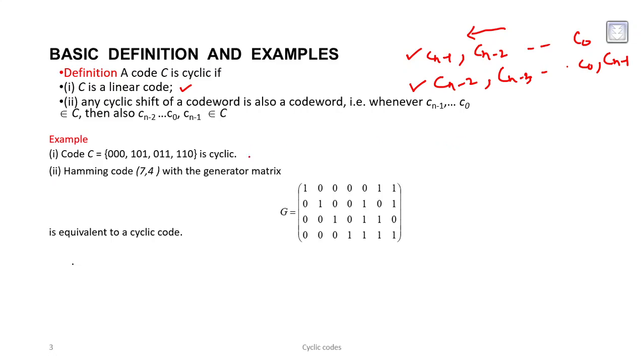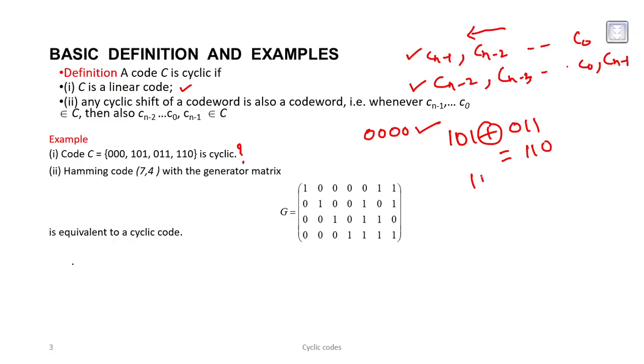So an example is taken. Let's check whether it is a cyclic code or not. For a cyclic code, 3 properties must be fulfilled. The all zero code word is available. Yes, it is available. Addition of two code words must result in another code word. Yes, it is happening.